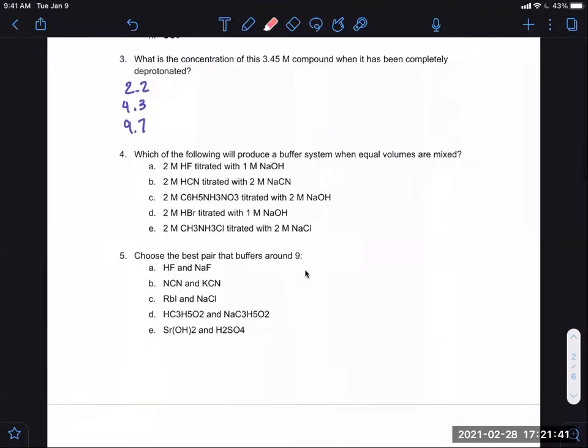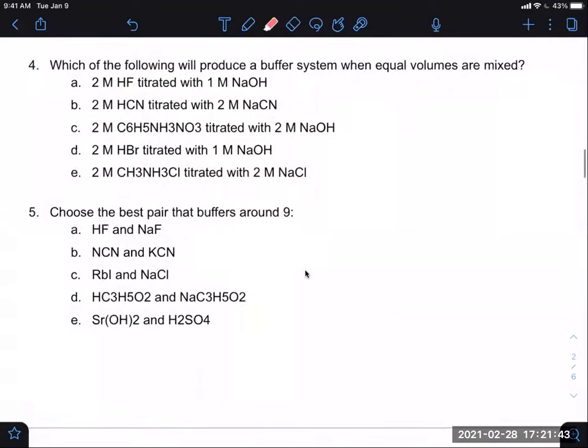Okay, so number 4, remember how we were talking about how the amount of moles is really important. The amount of strong base that we add to weak acid or strong acid that we add to weak base to create a buffer system, those amounts are really important. So I have these in molarity here. So we don't want to think about it in molarity.